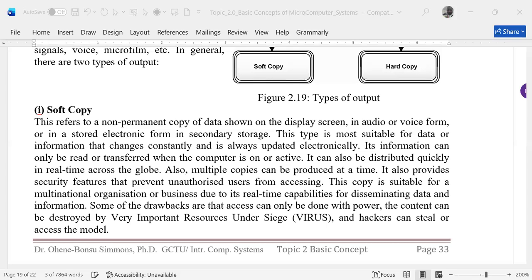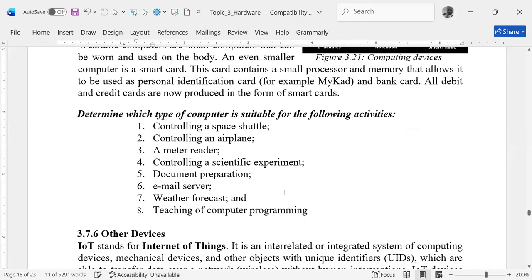Some of us are now logging into the portal. But the whole thing is, let me explain how you are going to do it. After that, you know what to do. The heading is: determine which type of computer is suitable for the following activities.